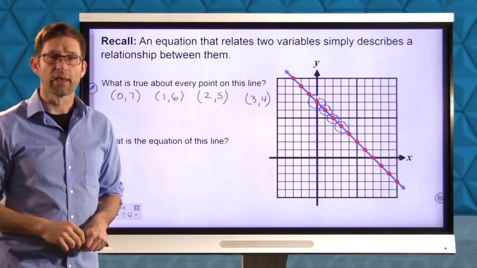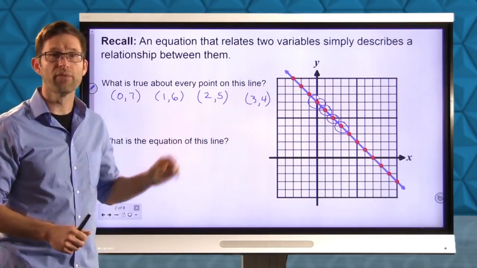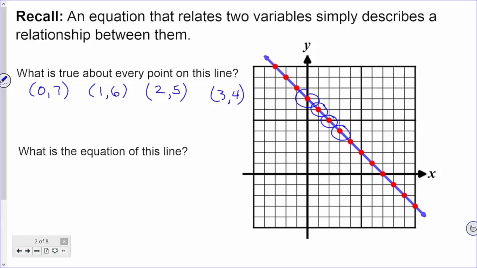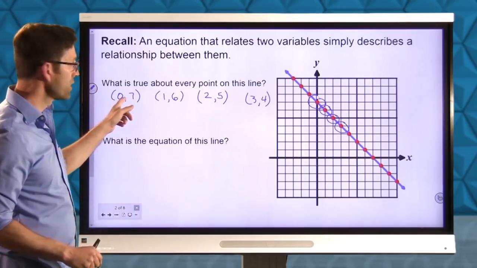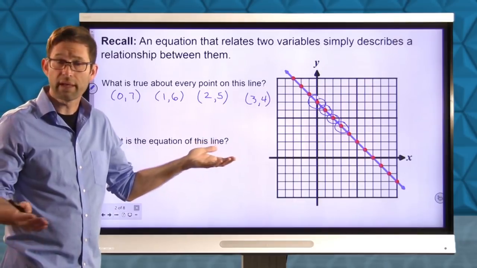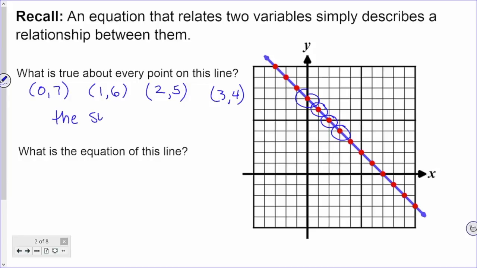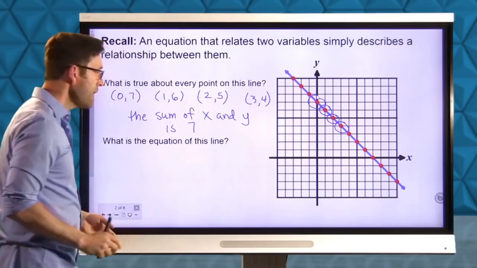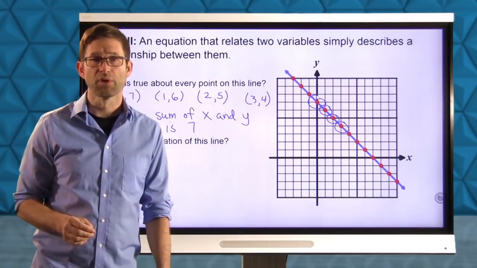Now, ask yourself for a second, what is true about the relationship of x and y in each one of these 4 points? Well, hopefully it's obvious. When I take the x-coordinate and the y-coordinate and add them together in each case, I get 7. Their sum, the sum of x and y, is 7. Now, if I ask you for the equation of this line, you might start thinking about y equals mx plus b.